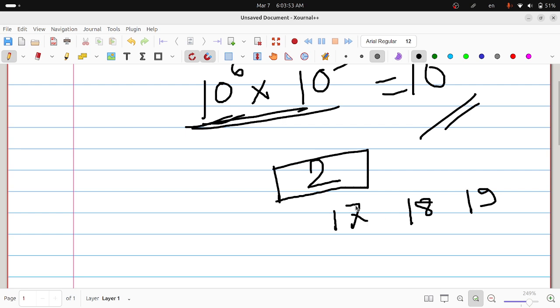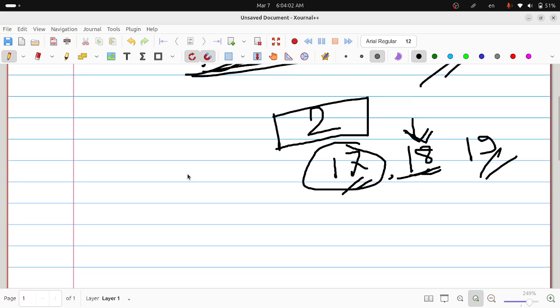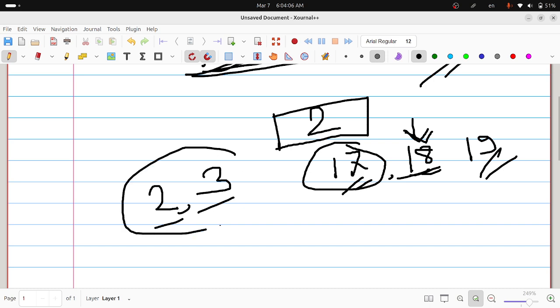So 17 is a prime number, and the second one cannot be a prime number as it is always even, and we know prime numbers are usually odd except for 2. So for 2 there is another prime number 3. For 2 and 3 maybe we can get the distance 1, and other than that I don't think we can get less than 2 anyway. So yeah, that's one assumption we can make.